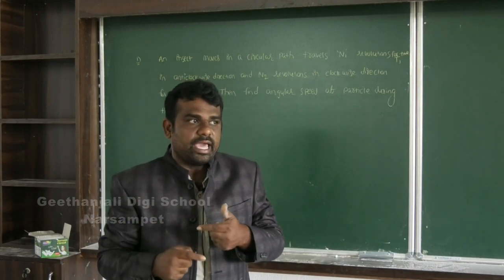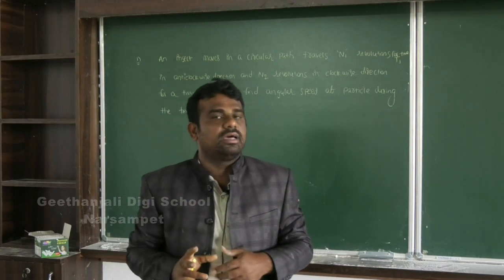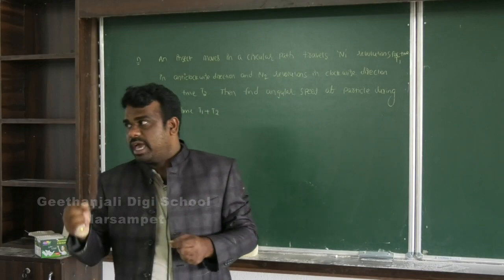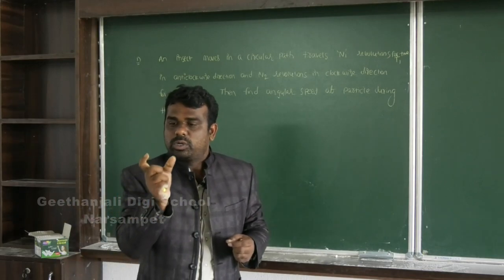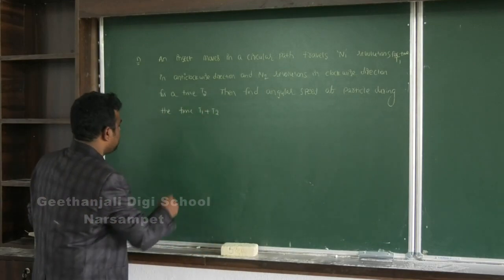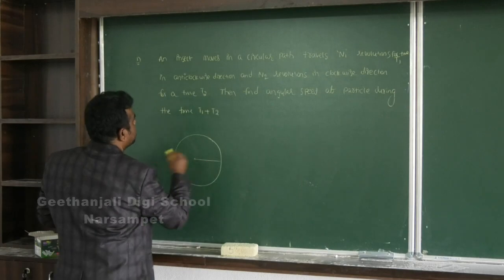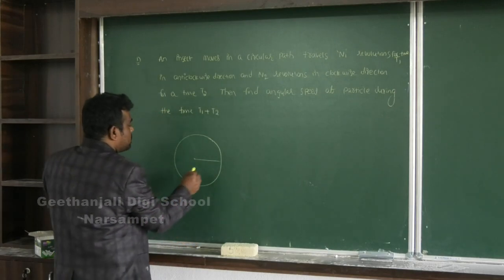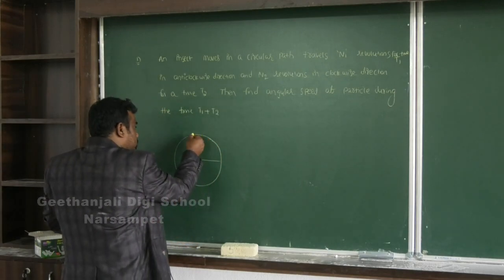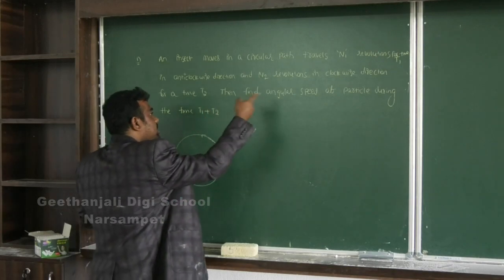Here we need to find angular speed. The magnitude of the angular velocity is called angular speed. Angular velocity is equal to total displacement by total time taken. Here the particle is moving in a circular path like this. The insect moves n1 revolutions in an anti-clockwise direction for a time t1.